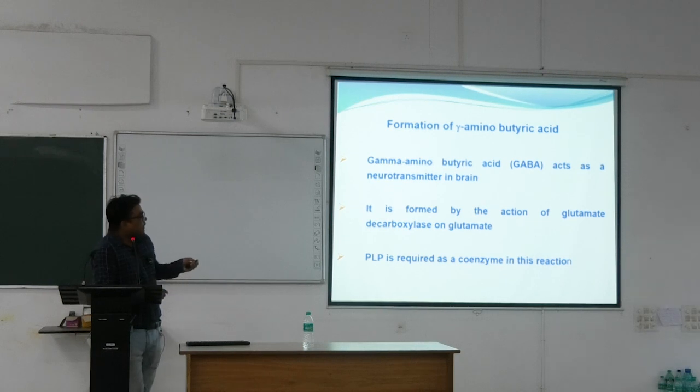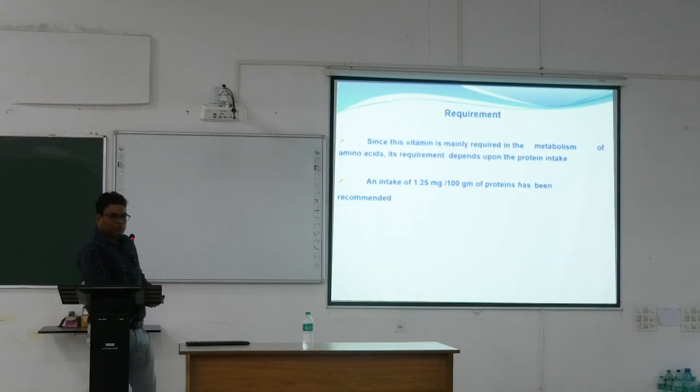But if there is a deficiency of PLP, it does not lead to formation of GABA and the person suffers from neurological disorders. Take one reading from your book and you will easily understand all these vitamins.